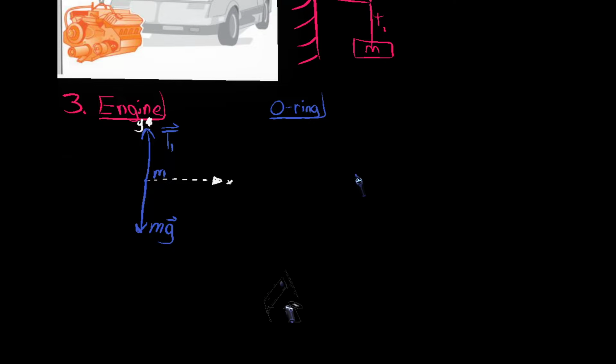So what's acting on this O-ring here? Well, one, it's massless, so there's no gravity. It's not contacting a surface, so there's no normal force. But we have the tension from T1, right? We have tension from T2 this way.